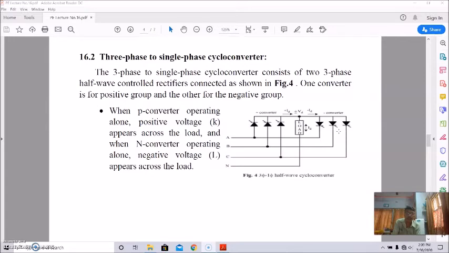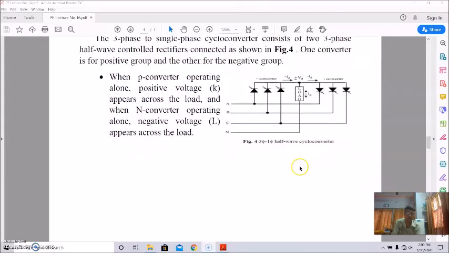So one converter is for the positive group and another for the negative group. When the positive group converter, or P converter, is operating alone, positive voltage appears across the load, and when the N converter, or negative converter, is operating alone, negative voltage appears across the load. So this is a figure of three-phase to single-phase half-wave cycloconverter basically.